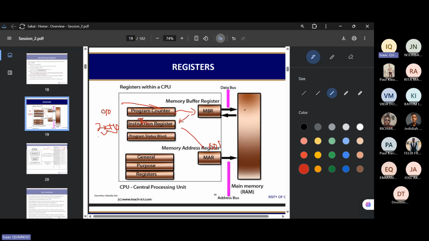If we should allow the RAM to interact directly with the CPU, what will happen is that it will slow up the entire process of the computer. So we need to create an intermediate high-speed storage medium that can fetch data from the RAM and then code it so that immediately the CPU needs it, it will supply it to the CPU very fast.